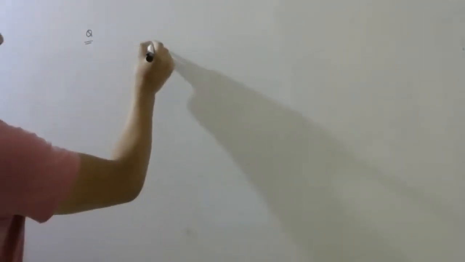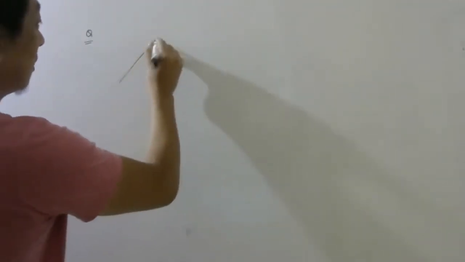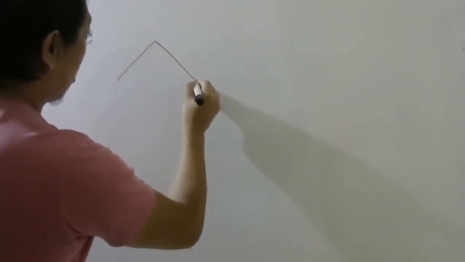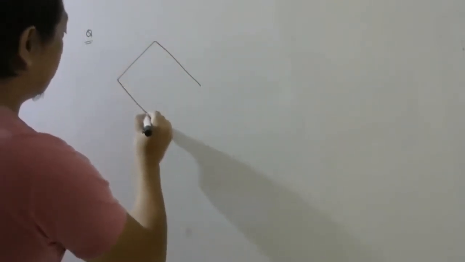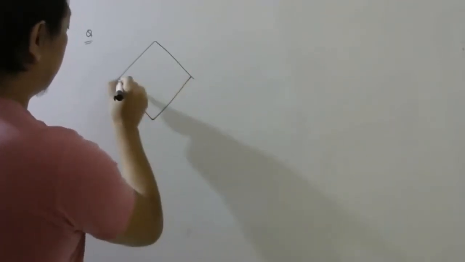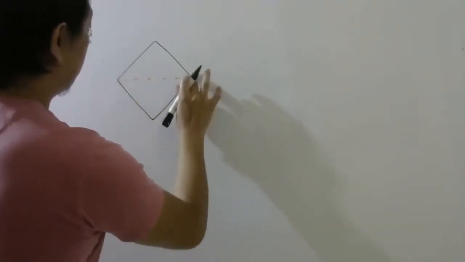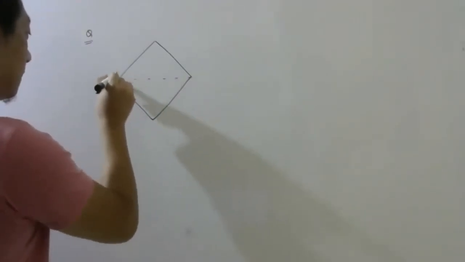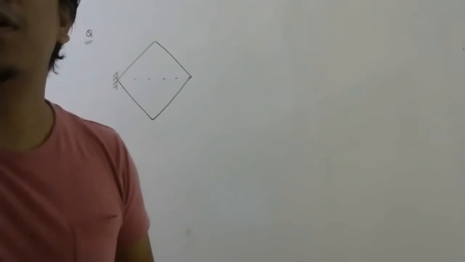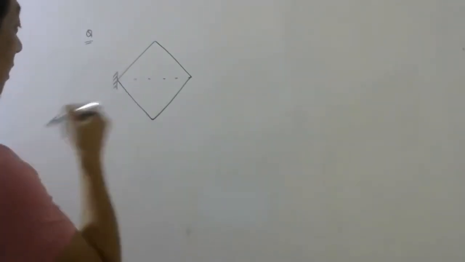In this problem, there is a system of 4 rods. This is fixed here, and this is a square. Right now each one of them has the same length.